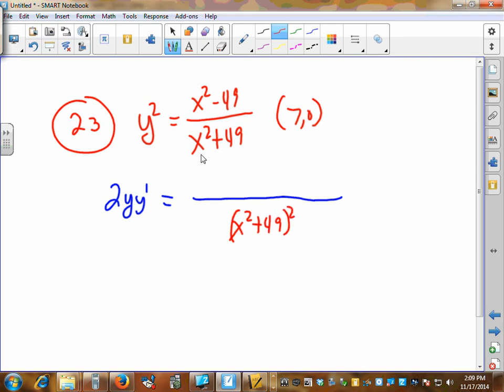Alright, so here we go. Low D high minus high D low. Square the bottom and away we go.